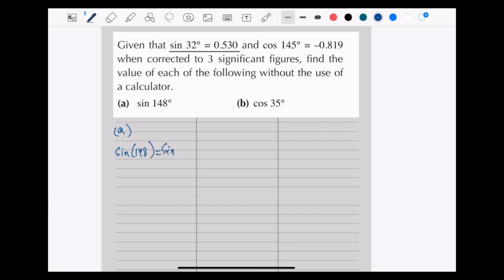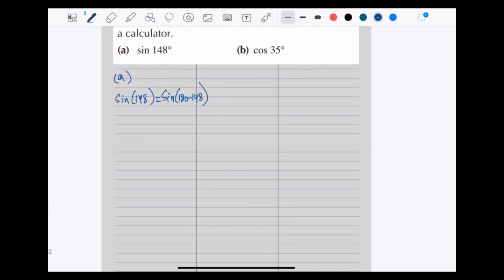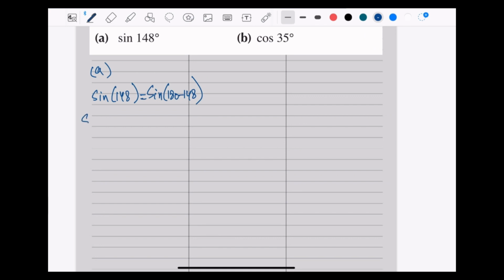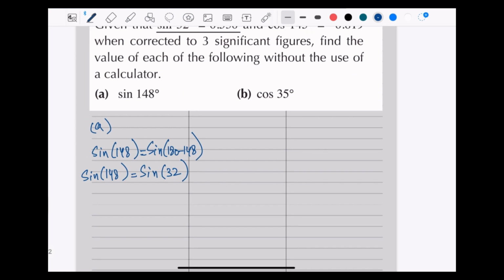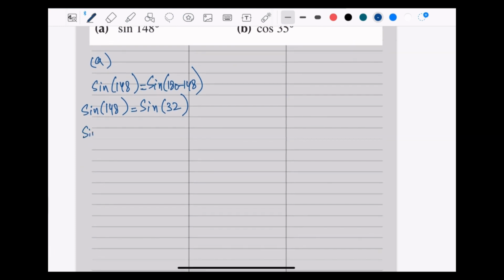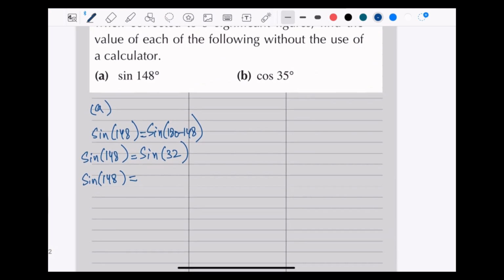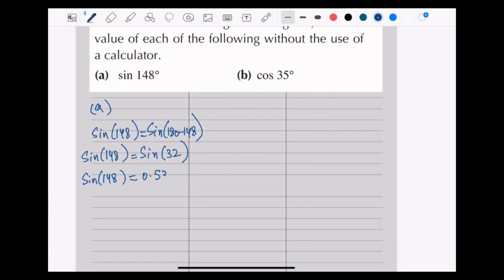I can say that sine of 180 minus 148, and sine of 148, which I don't know what that is and I can't use a calculator, but if I subtract 180 minus 148, I can see that it is going to be sine of 32, and sine of 32 is already 0.530. So sine of 148 can also be written as 0.530.